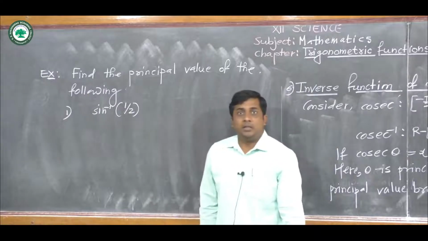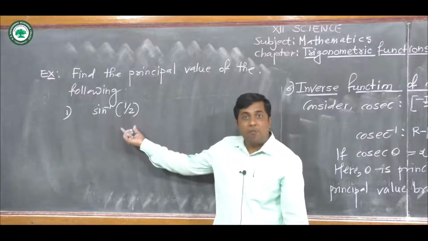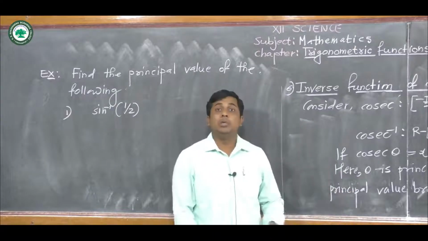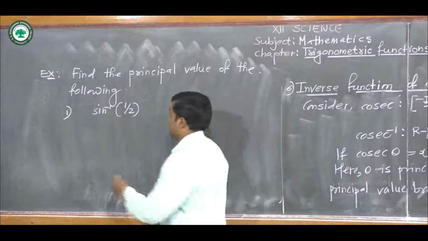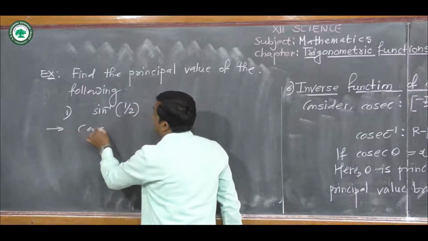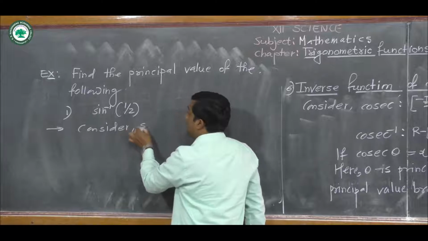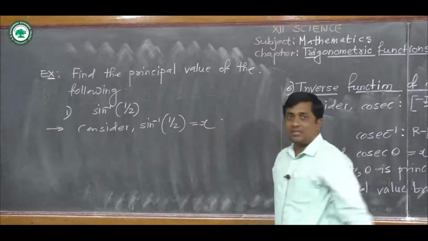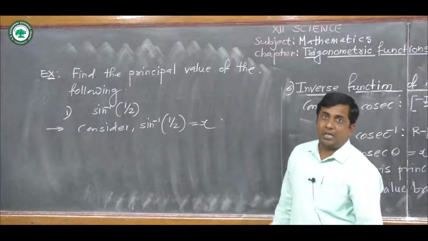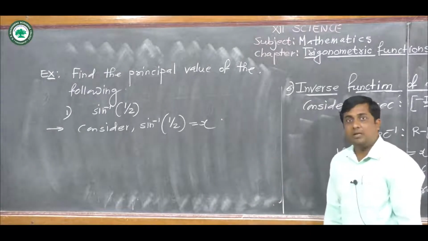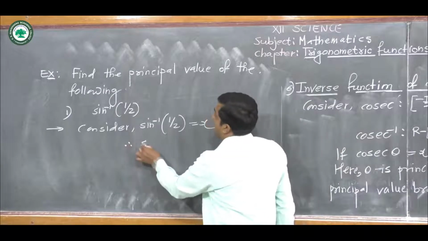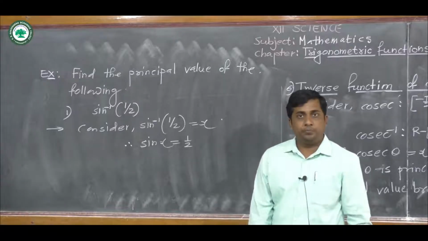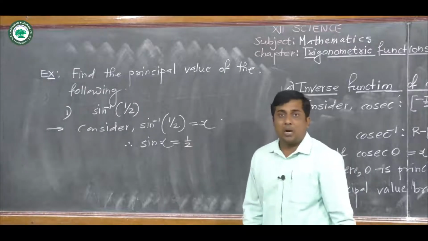To find the value, we consider sine inverse of 1 upon 2 is equal to x. Now by using our definition of inverse trigonometric function, I write this as sine x is equal to 1 upon 2.